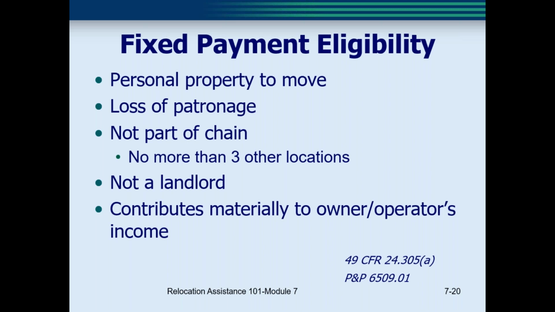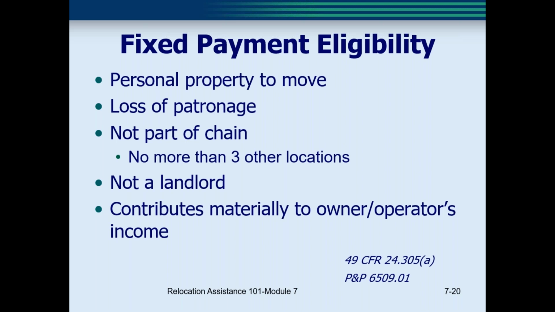So if a business is part of a chain operation, it's not eligible for a fixed payment. What qualifies them as a chain operation is if they have 3 other of the same or similar businesses, that means they have to have a total of 4. So if they own a Rallies, and they also have 3 other Rallies, that's a total of 4.